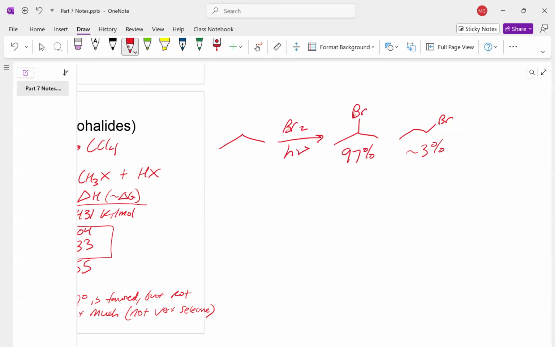So we would say that bromine halogenation is a lot more selective. And that's typically what we will use in chemistry is to make alkyl bromides. Not that we can't make alkyl chlorides, but we'll do them in other ways.